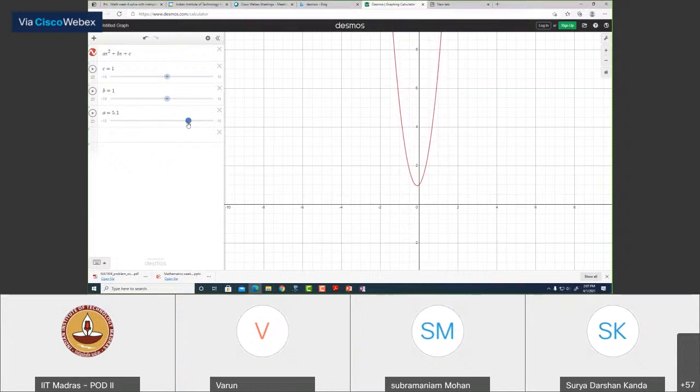Similarly, as we decrease the value of the coefficient a, the parabola becomes larger and larger. Then at 0.4, 0.2, 0.1, and at 0, it becomes a straight line. After that, the parabola's direction changes. You see, now it is becoming like this.